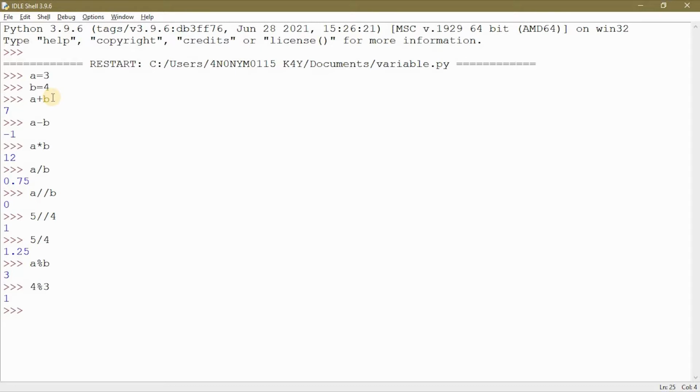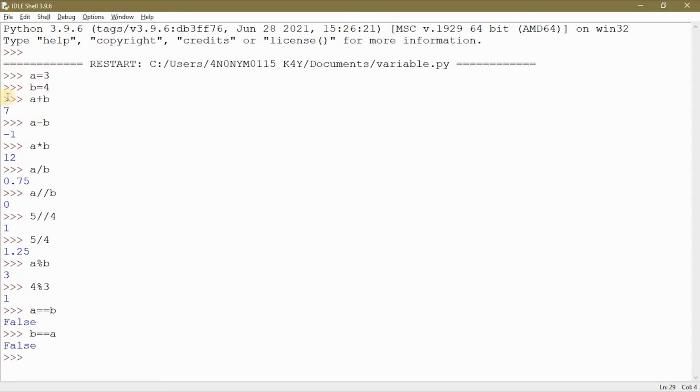And then we have the boolean. The boolean is basically using a double equal sign. A equals b, you can see it is false, and b equals a, it is false.